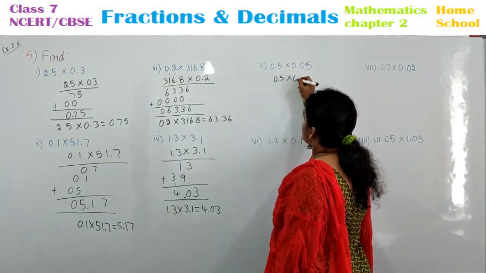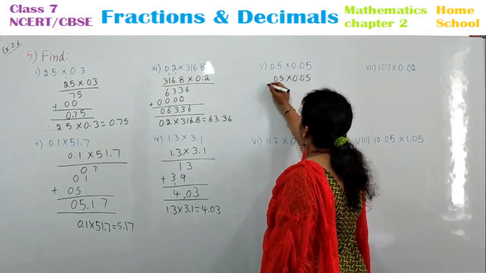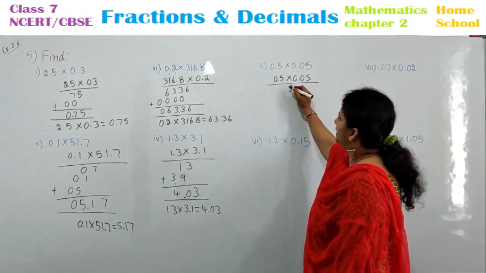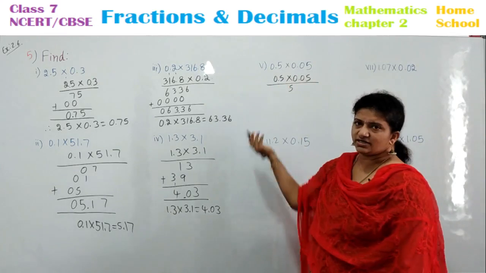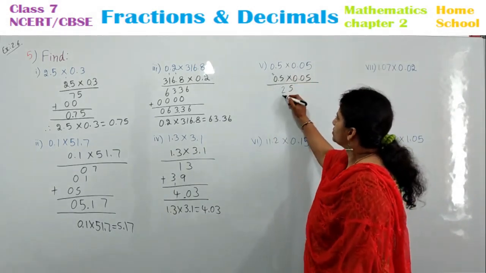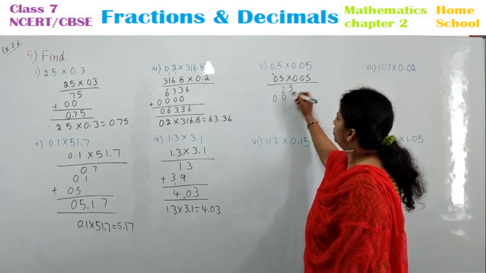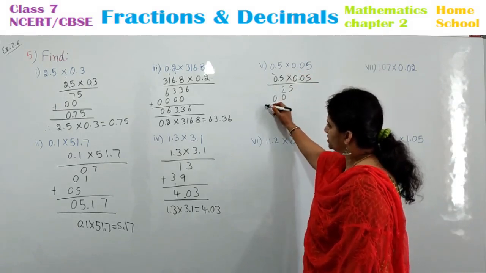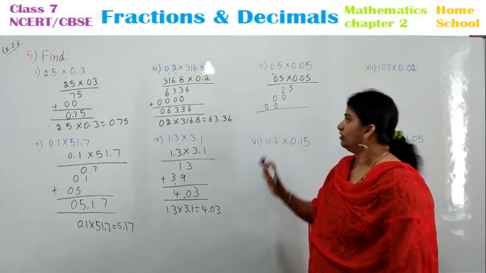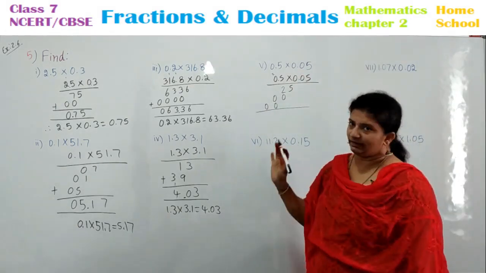0.5 into 0.05. That is 5 5s are 25. 5 zeros are 0. 0 plus 2 will be 2. So you have 0 and again one more 0. So like this. You should not leave it if you have a 0. Definitely you need to write like this.